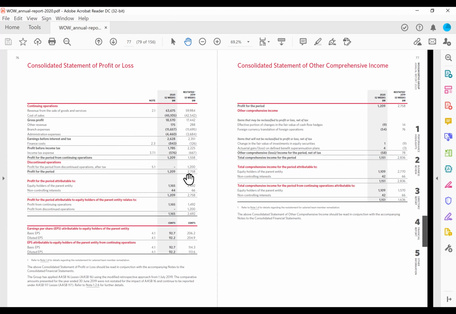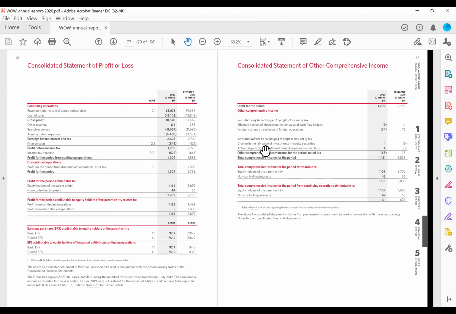Okay. All right. Now, separately, we have a consolidated statement of other comprehensive income. And this is something we're not really going to be looking at closely. Basically, it's showing what else has happened that would have affected equity besides the profit, right? So we know profit gets added to retained earnings, but there may have been other events that may have affected equity as well.